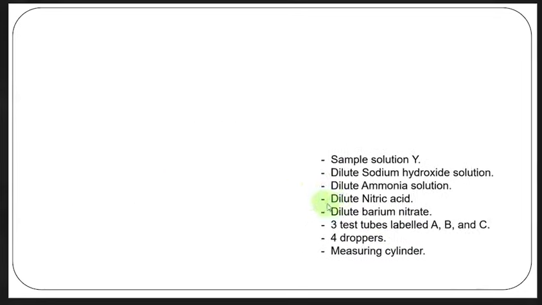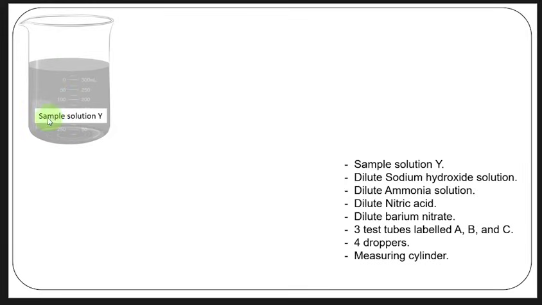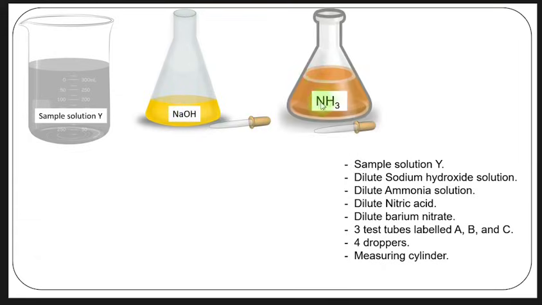So we push it here so that we show you sample solution Y, how it is given to you. It may be put in a beaker and labeled sample solution Y. Then dilute sodium hydroxide may be put in a conical flask and labeled sodium hydroxide, with a dropper inside. Then you may be given ammonia.